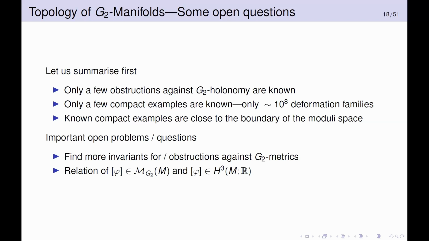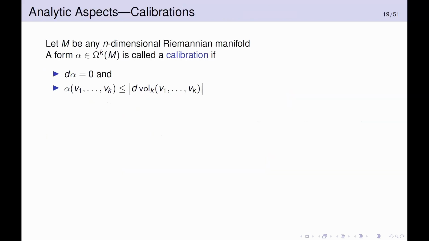Okay, so last part of this talk, some analytic aspects about submanifolds, and don't be afraid. The worst you'll ever see is easy inequalities like here. So if you have a k-form on a Riemannian manifold, you call it a calibration if it's closed, and whenever you plug vectors into the form so that you get a number, then this number is smaller than the k-dimensional volume element of the metric applied to those vectors. d-vol looks like a positive differential form, but in this case, it's just a volume.